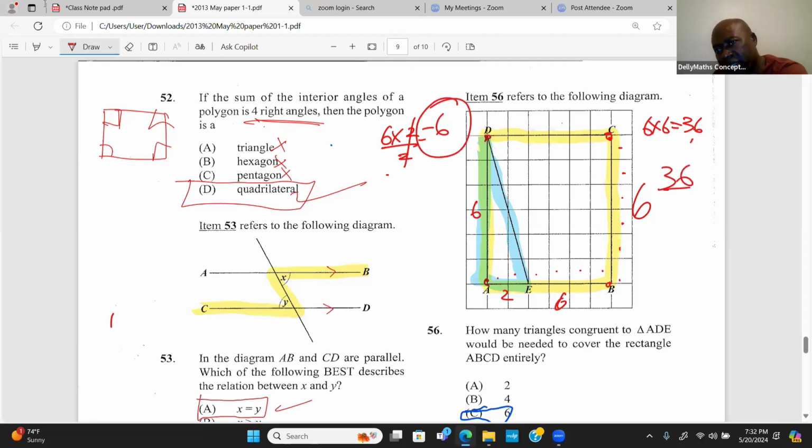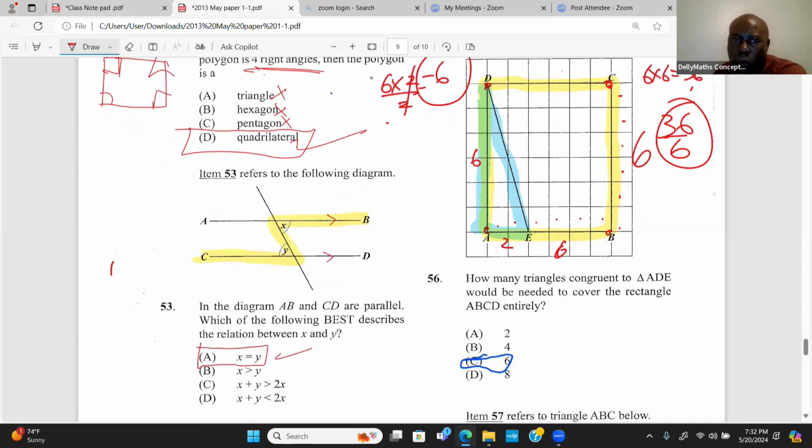It's like 36 divided by 6, you still get back 6. One triangle gives you 6, but the entire thing is 36. How many times can it go into it? 6 times. All right, so there are many ways you could work out that same problem. Good. So multiple ways to get your answer.